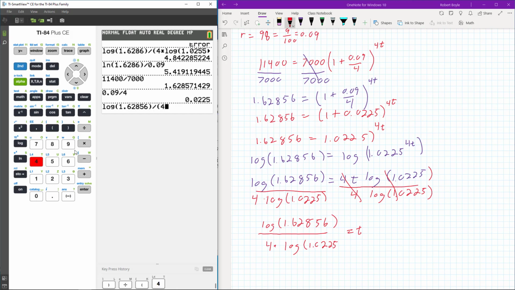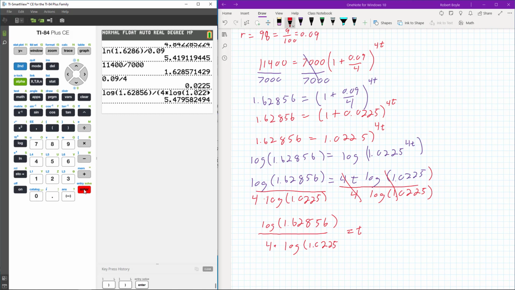Then we will have 4 times log 1.0225, close that parenthesis, close the second parenthesis, and hit enter. And we get 5.479 years. We get that t is equal to 5.479 years, and I think we're going to want this at 2 decimal places, so this will round to 5.48 years.